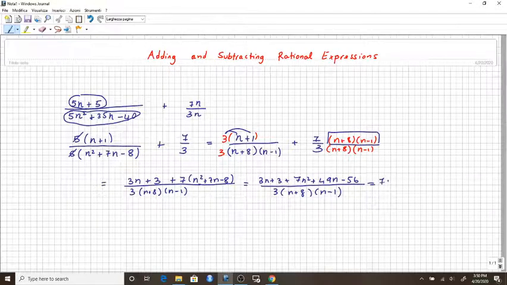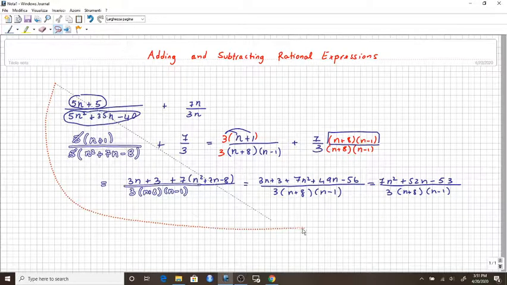We have a single 7n squared. 3n and 49n can be combined to 52n, and then 3 minus 56 becomes negative 53, and then all of this is divided by 3 times n plus 8 times n minus 1. So that's the sum of the two rational expressions.